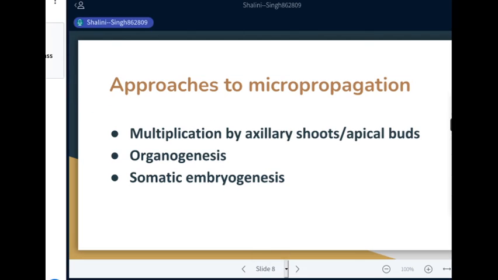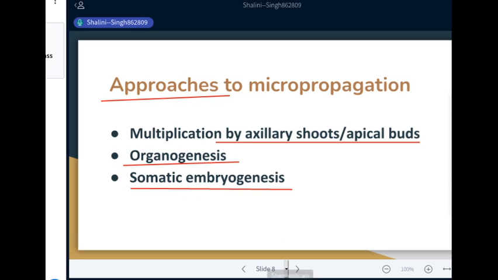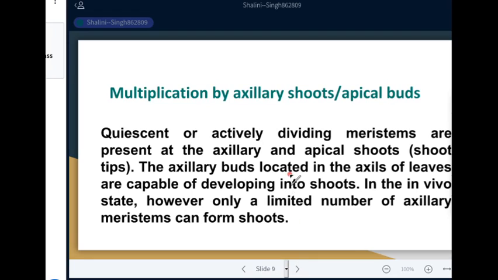Now coming to the approaches to micropropagation, how micropropagation can be achieved in lab conditions. It can be done either by axillary shoot or apical bud multiplication, or organogenesis, or by somatic embryogenesis. Axillary shoots and apical buds may be quiescent or actively dividing meristem.